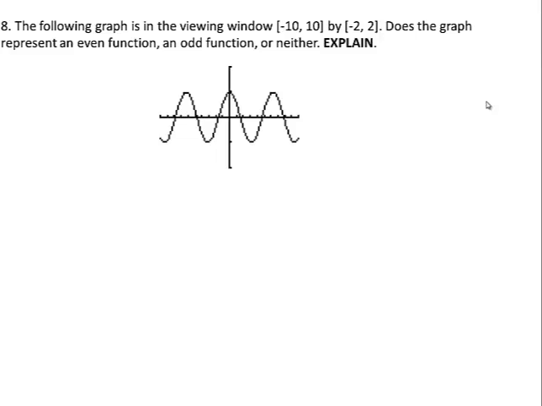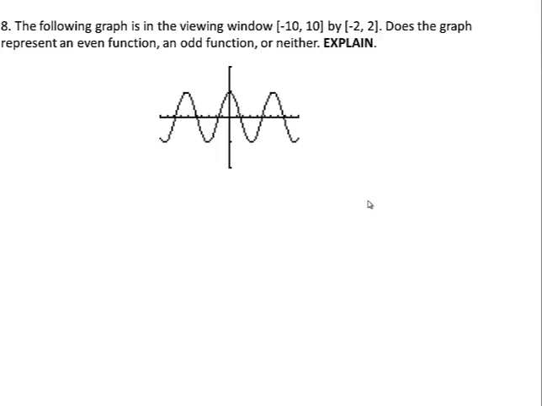And then explain. Well, the first thing that jumps out at me is that the graph I'm seeing here appears to be symmetric about the y-axis, that over here, it's a mirror image of what I see over here.